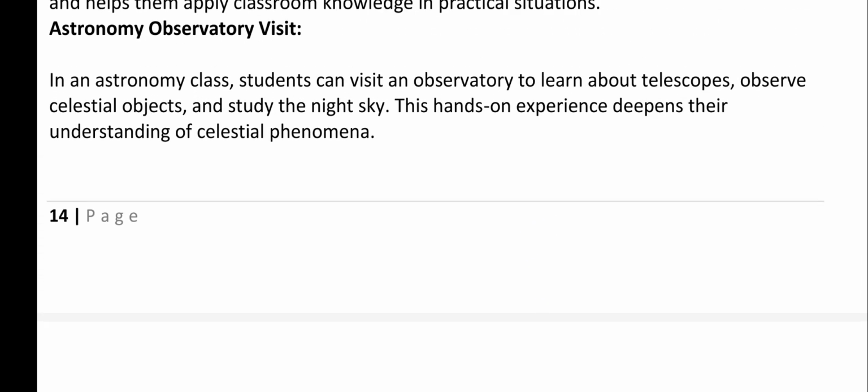So those students who are interested in astronomy can study what a telescope is, how we can study the different types of planets, where the planets are revolving, what is the center of the solar system, which number Earth lies in the solar system, how many stars are there, and what are the different forms of stars in the night sky. Also they can study about asteroids, meteors, right? So different space objects they can study about.